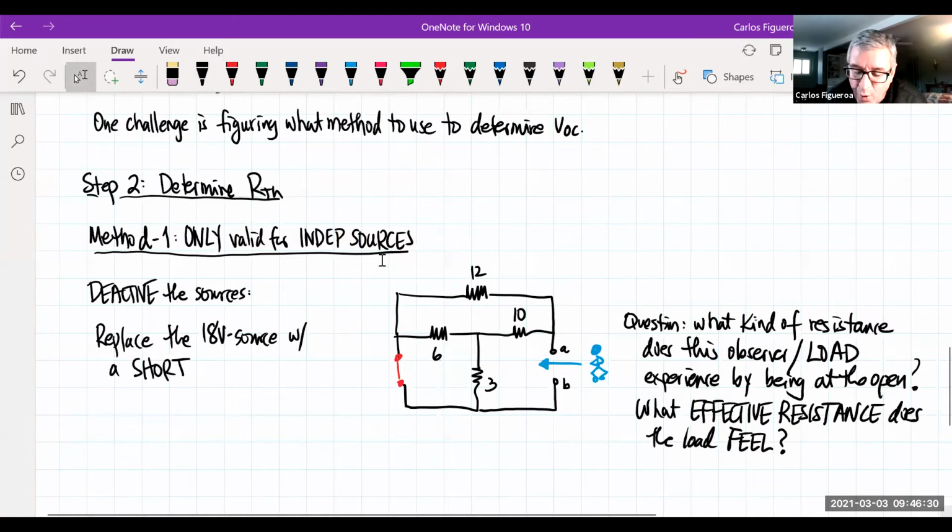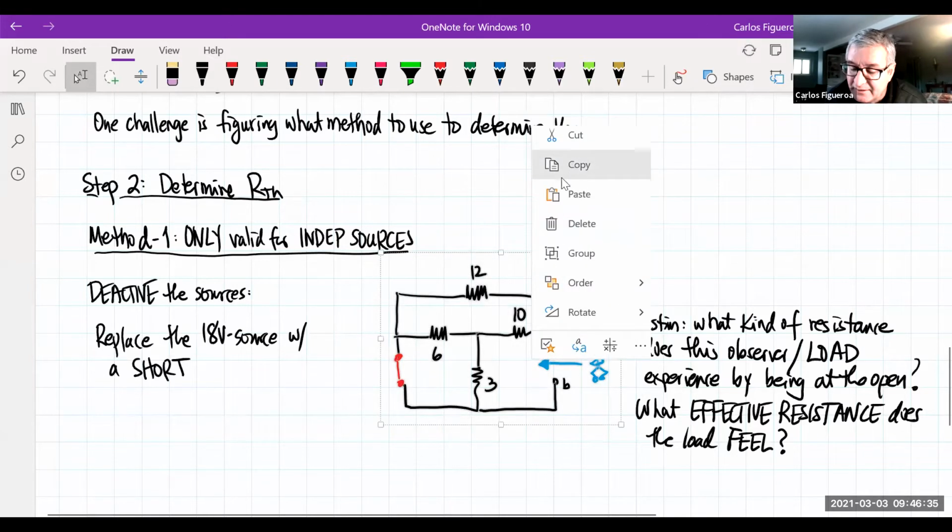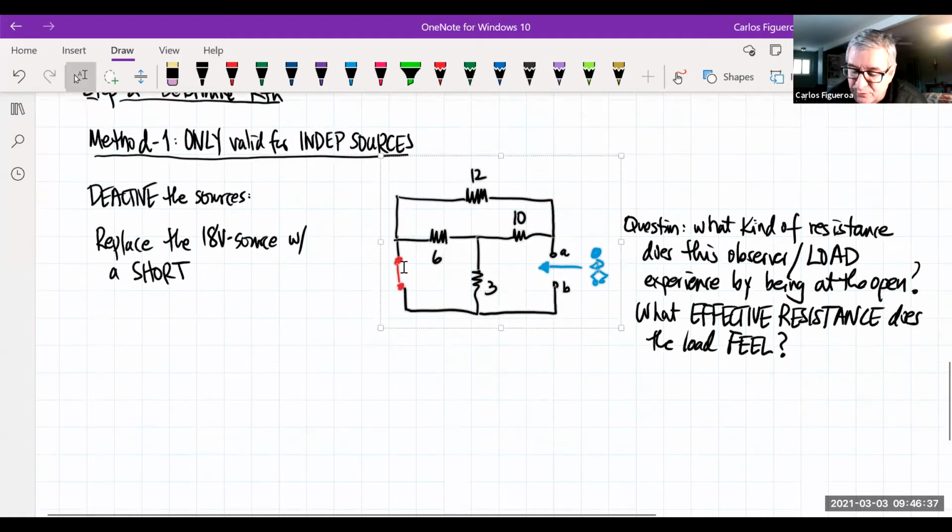So when you open it up like this, you are effectively seeing the effective resistance.